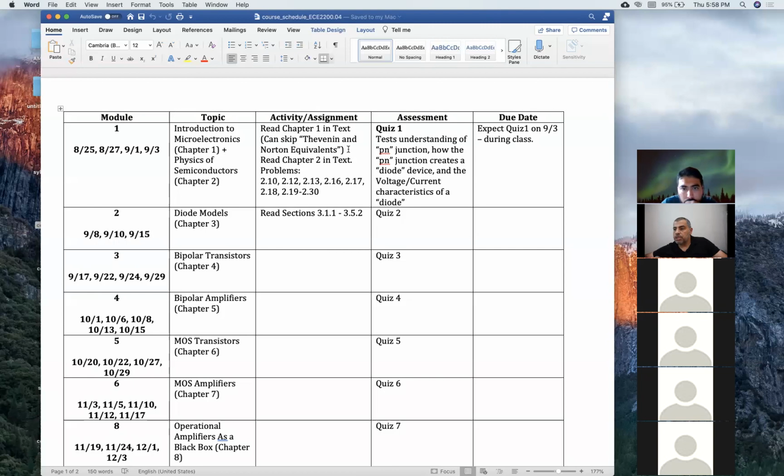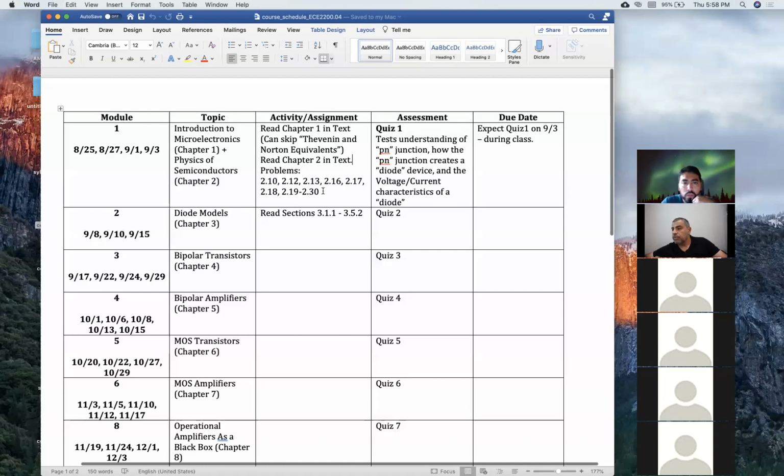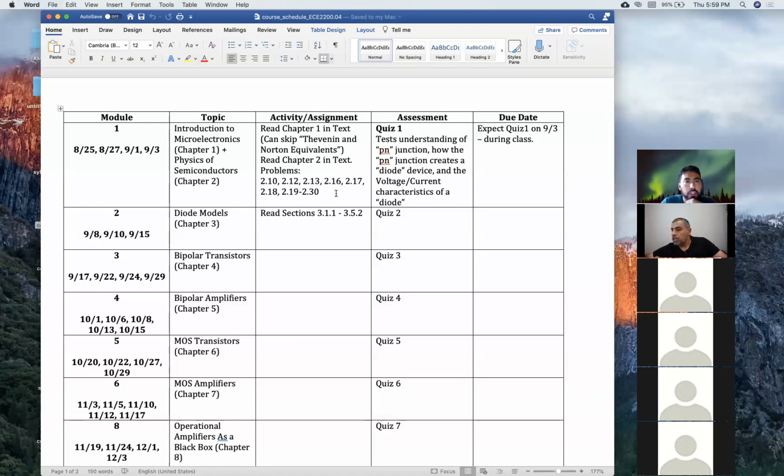But for chapter 2, I think you basically have to read the entire text, and then not do every problem. I'm trying to down select the number of problems, but as you can see, it's still a pretty significant number, maybe 17 or 18 or 20 problems. And then I'm going to have solutions for those.